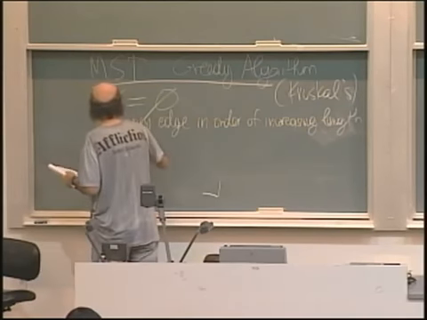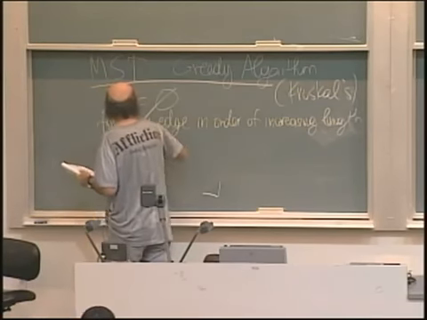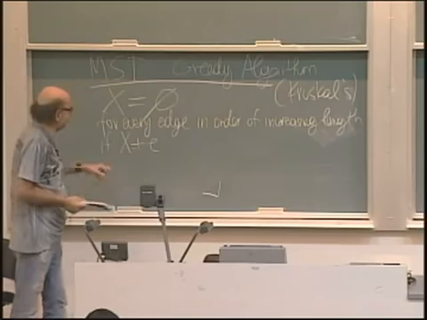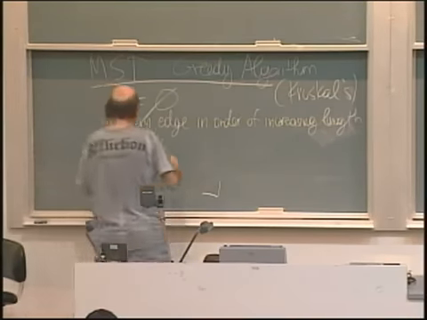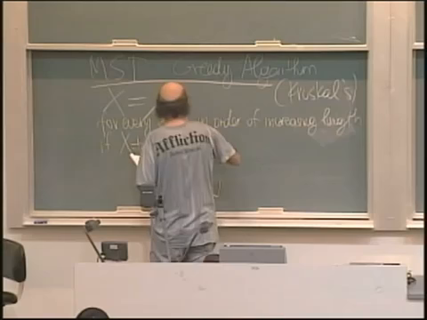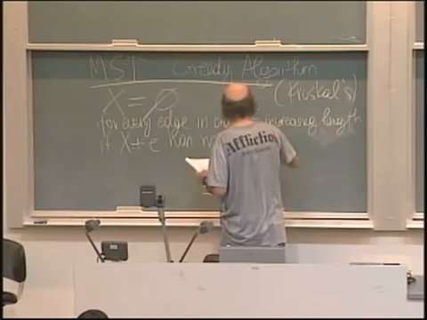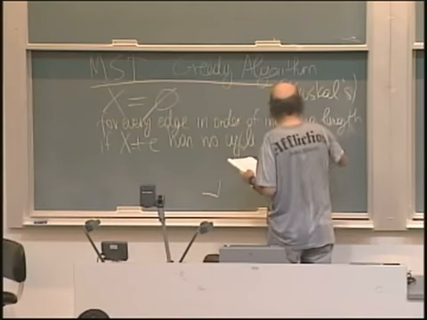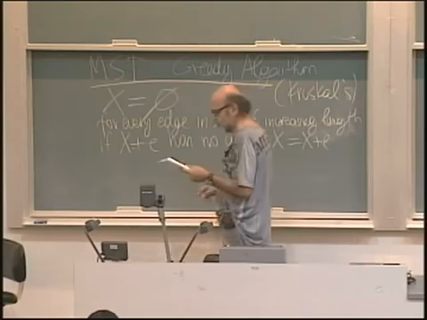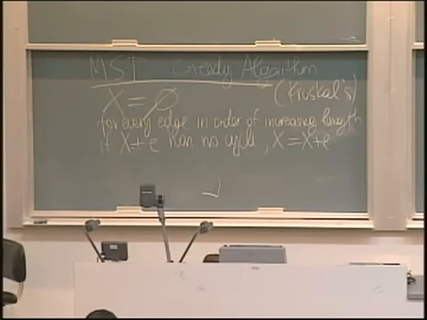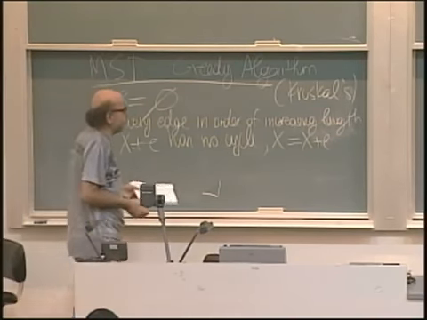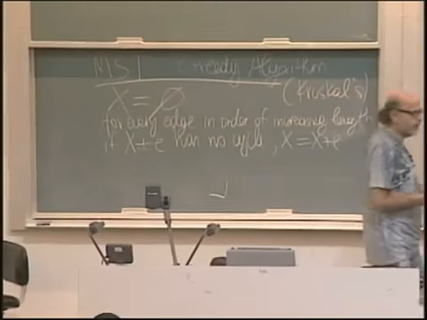If adding this edge to X has no cycle, X gets e. That's it. That's the whole algorithm. And we run the example.